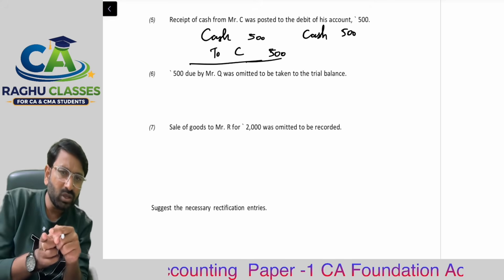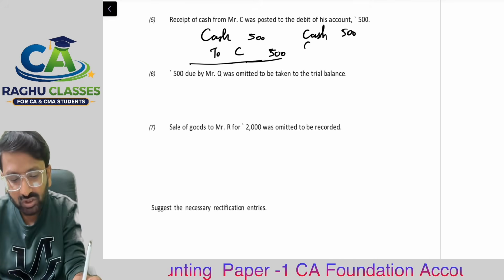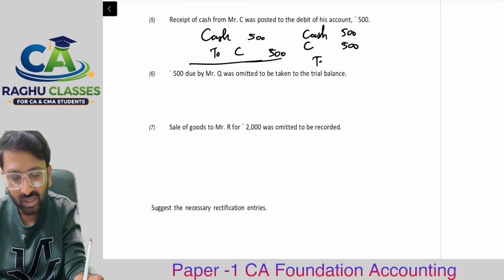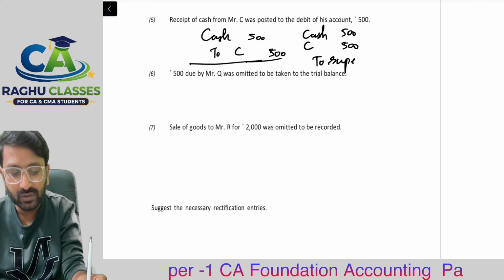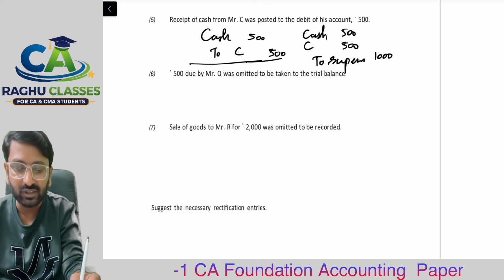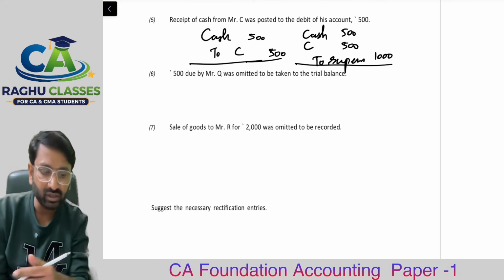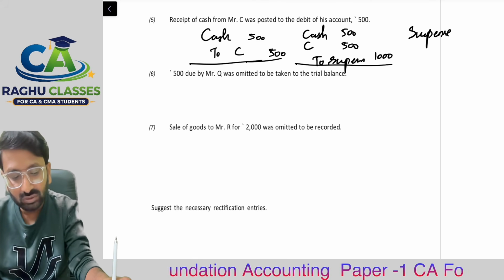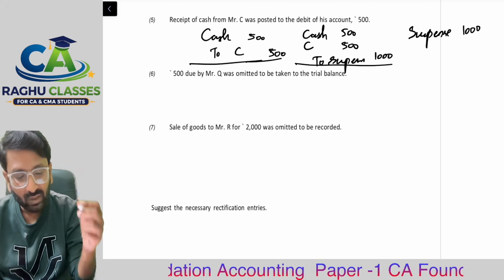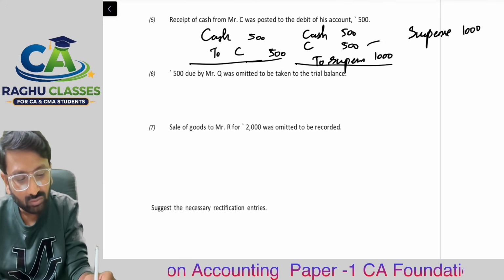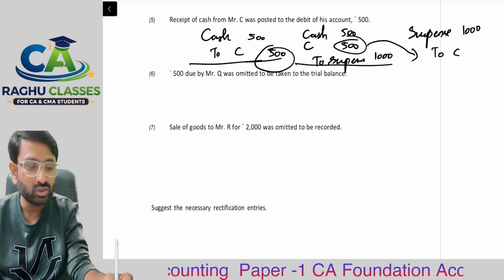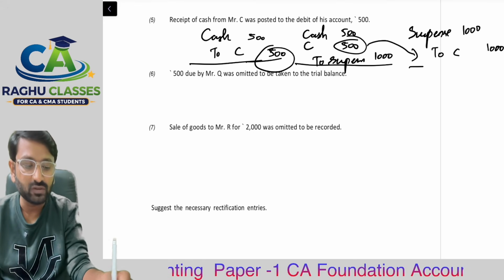Instead of posting to the credit of C, it was posted to the debit of C. So can I say cash also debit, C also debit? TB will not tally, so I would have opened suspense account 1000 rupees on the credit side. This will be the wrong entry. So now the rectification will be suspense account debit 1000 rupees. There's no problem in cash account. To C account, you need to credit 500, you need to cancel this 500. So totally C will be credited with 1000 rupees.